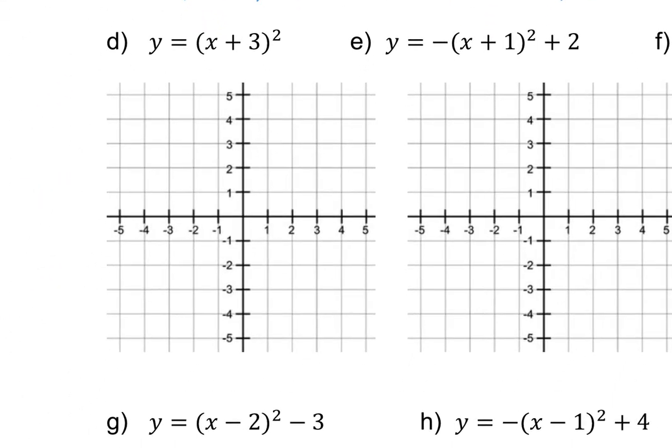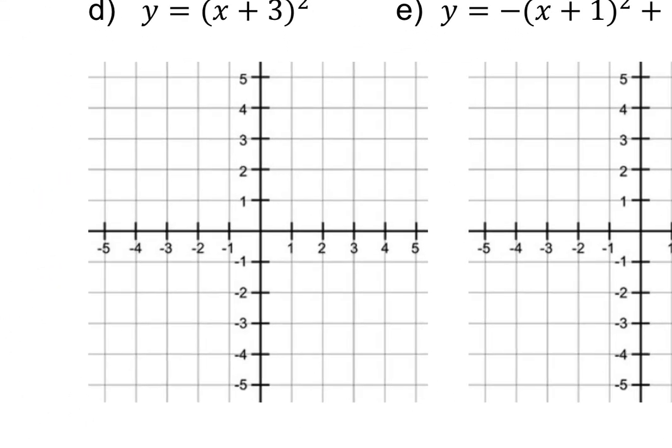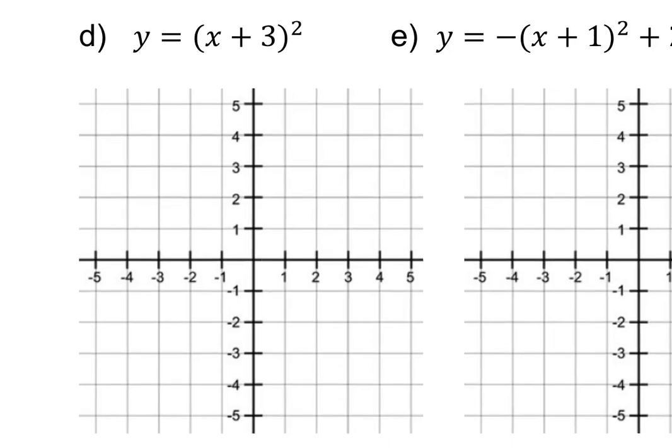Let's go ahead and go to D. +3. What does this +3 tell us to do? Good. We go to the left 3. And then we can put our points. We just go up 1, right?